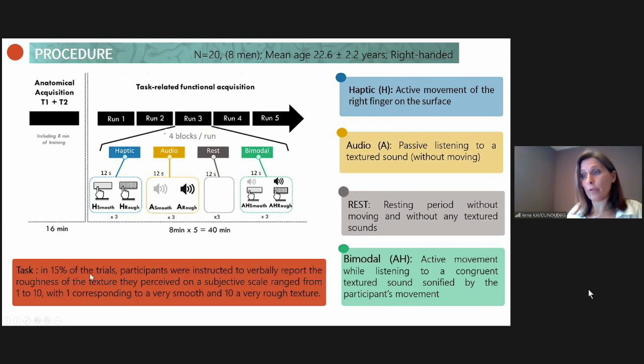In 15% of the trials, participants were instructed to verbally report the roughness of the textures they perceived on a subjective scale, ranging from 1 to 10, with 1 corresponding to a very smooth texture and 10 a very rough texture.